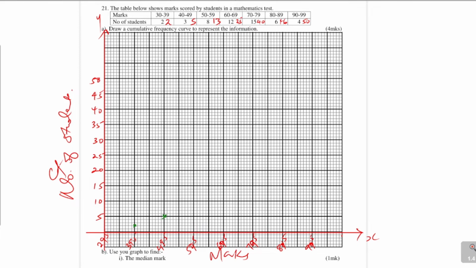Then the next one is 59.5, 13. Then 69.5, 25. Then 79.5, 40. Then 89.5, 46. And then the last one, 99.5, 50.